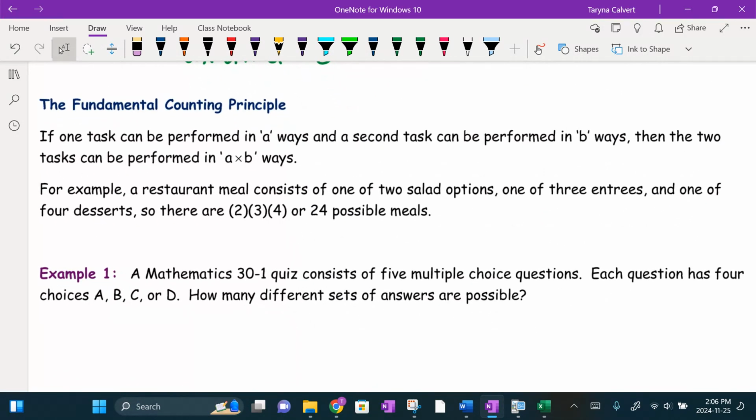So the fundamental counting principle: if one task can be performed in A ways and a second task can be performed in B ways, then the 2 tasks can be performed in A times B ways.